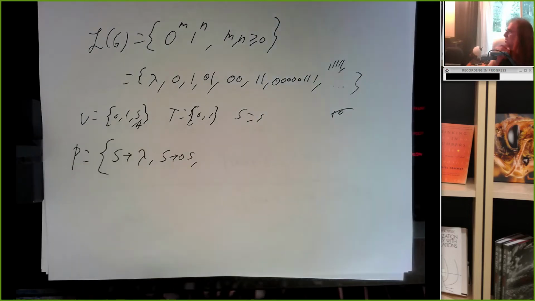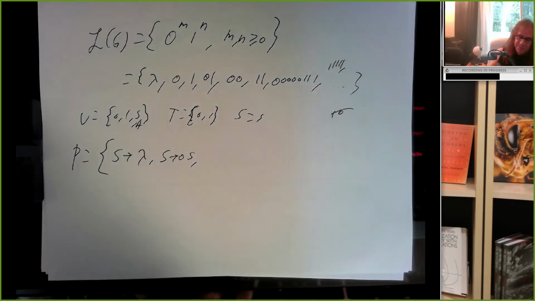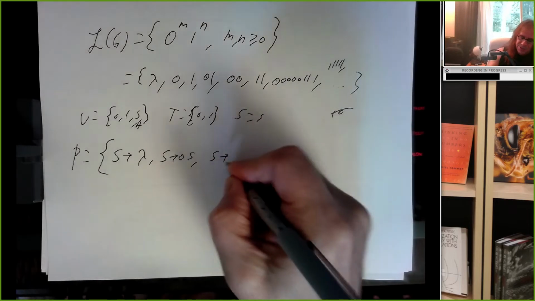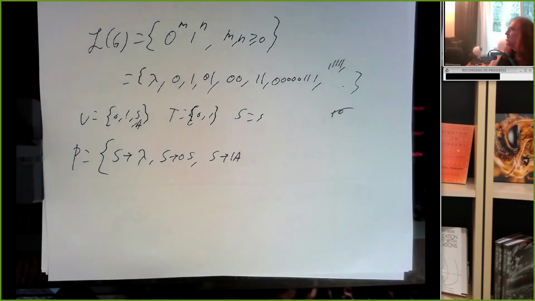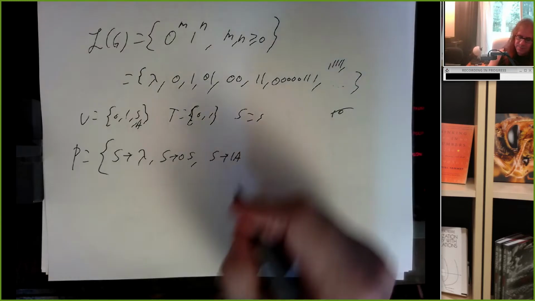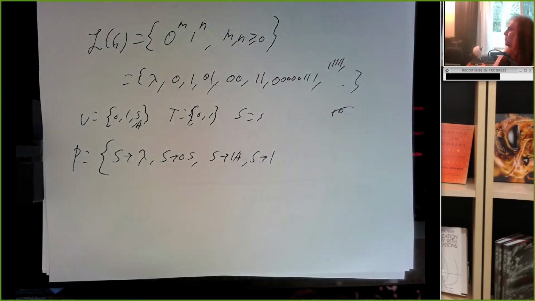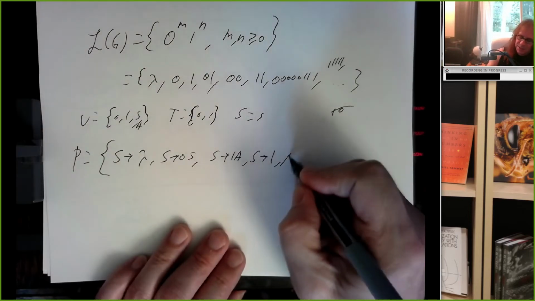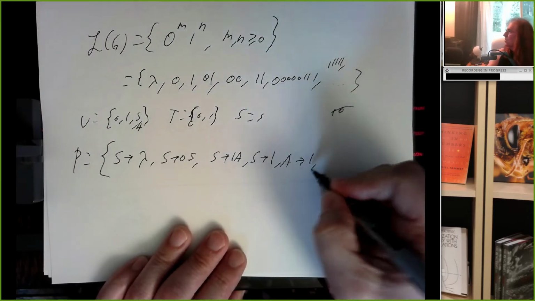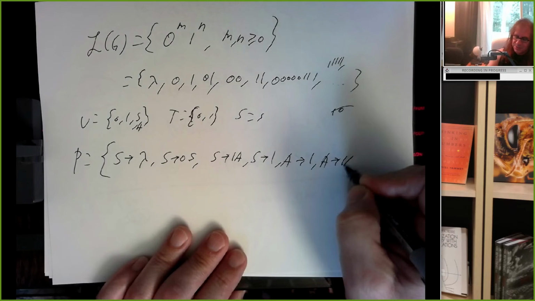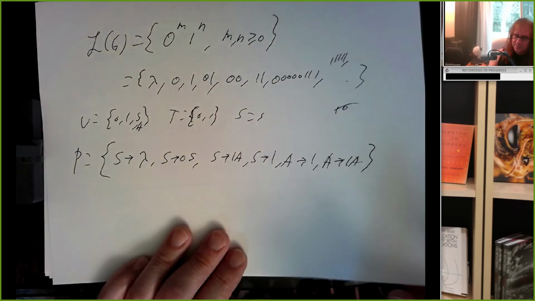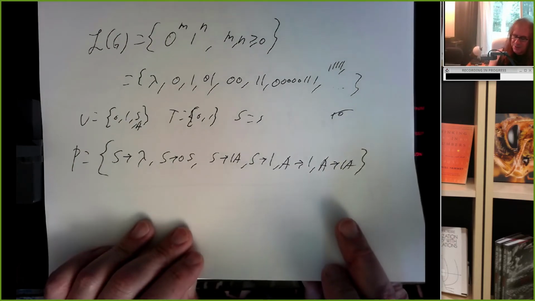So S can change into a 0S, but we could also do S changes into a 1 followed by an A, or maybe S changes into just a 1 for a single, and A could change into a 1, and A could change into 1A. That's probably overkill.